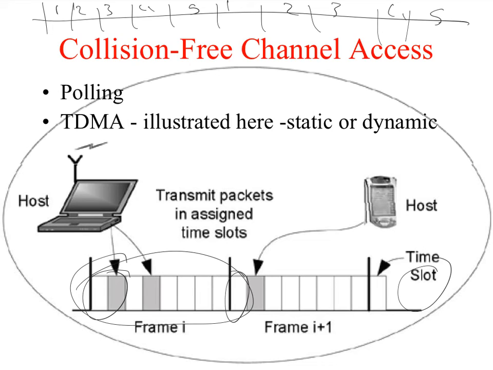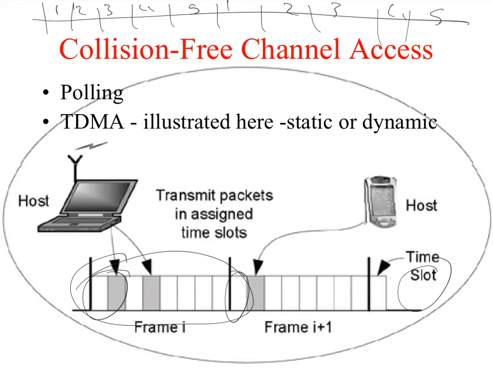I control everything. I'm the main controller. I can do whatever I want. So either I can change the order every time and I ask you more often, or when I ask you and you want to send something, I'll give you more duration, and I keep everybody else idle until you finish everything.